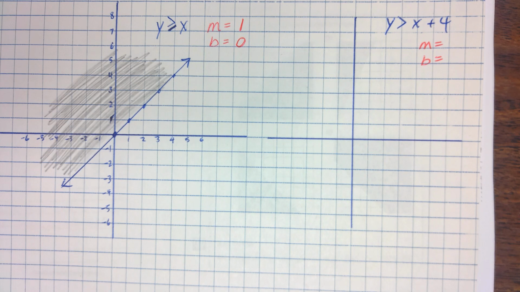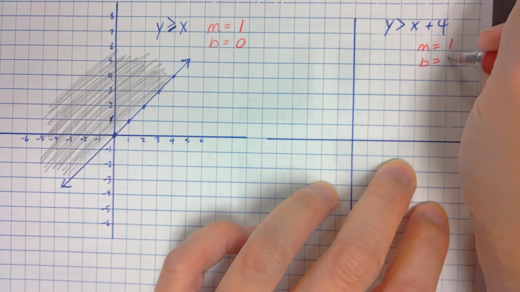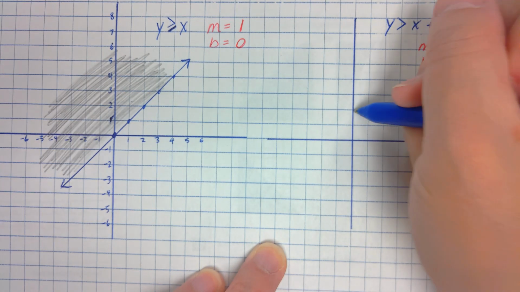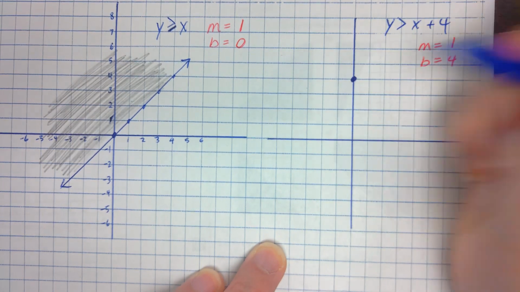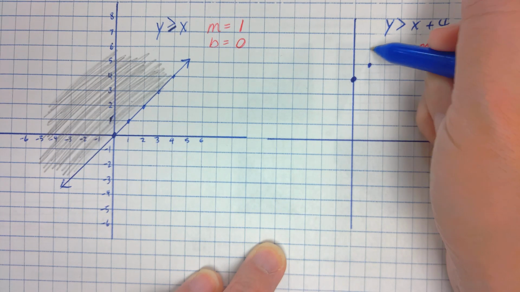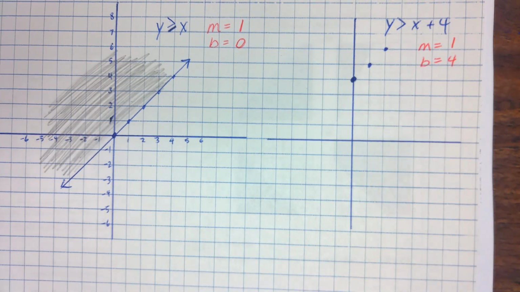M is the number in front of the x. Yep, Cindy? M is 1 and b is 4. Right. Okay, so plot the 4 first. 1, 2, 3, 4. And then my slope is 1, which means go up 1 over 1. Up 1 over 1. Okay.